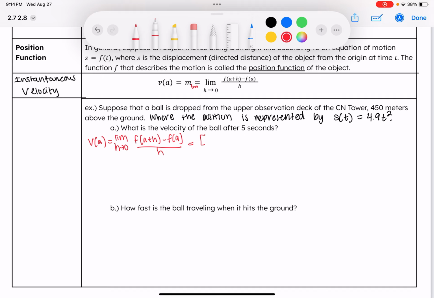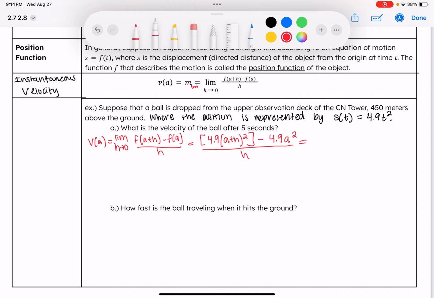So I have 4.9, and instead of t squared, I'm really going to have (a plus h) squared. That's the f of a plus h, minus f of a. Well, f of a in this case is going to be my 4.9a squared. I'm taking that original function 4.9t squared and substituting in an a, all over h.